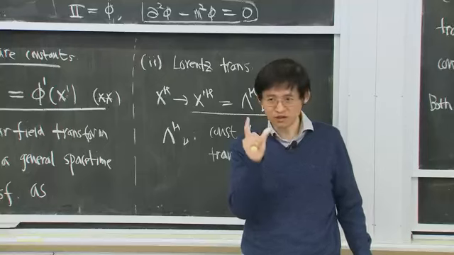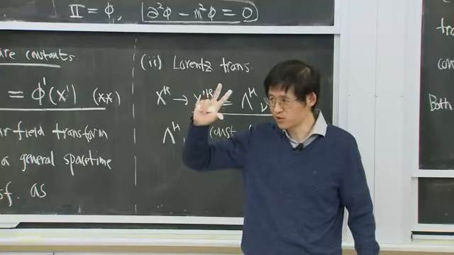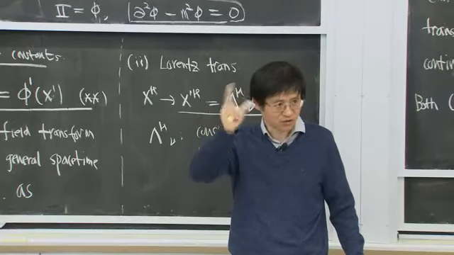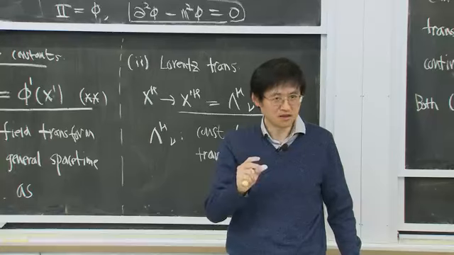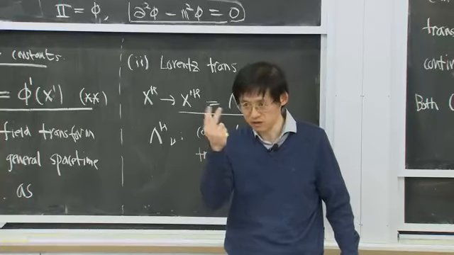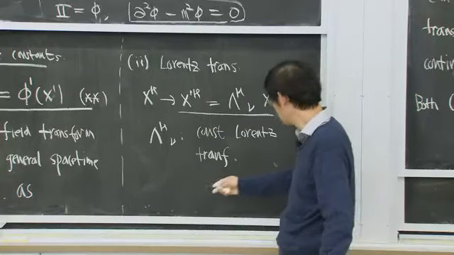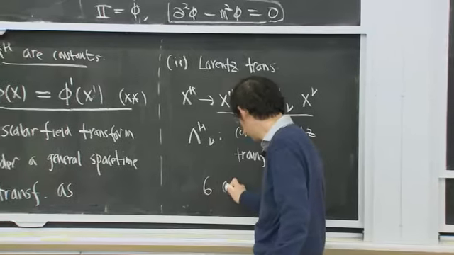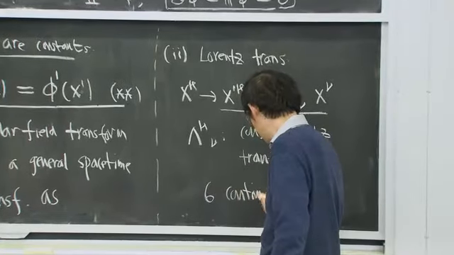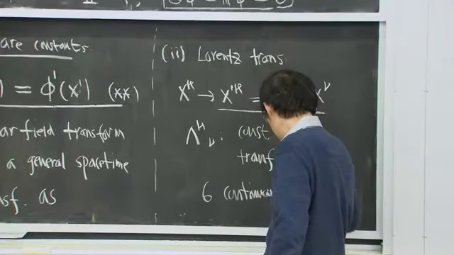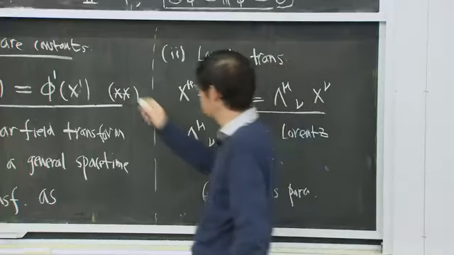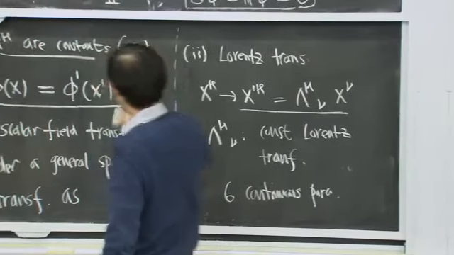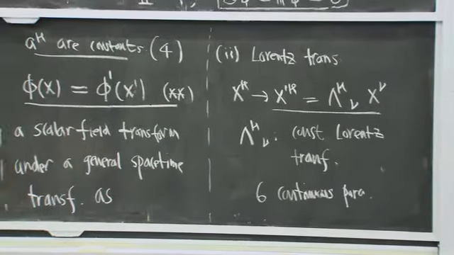Because you have 3 spatial directions, you have 3 rotations, and then you also have 3 boosts. So altogether 6. So here there are 6 continuous parameters, and here there are 4. So both are continuous symmetries.